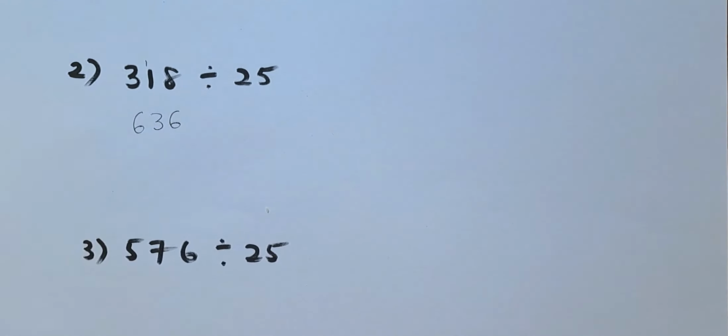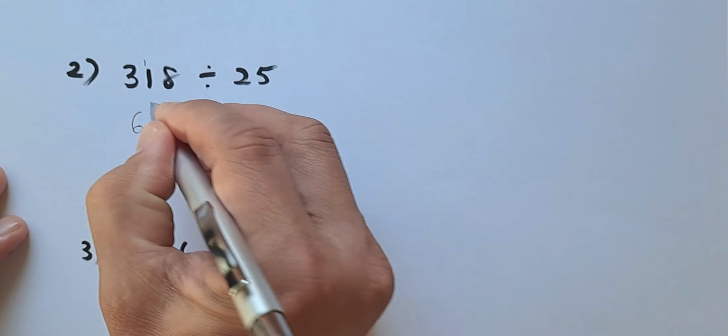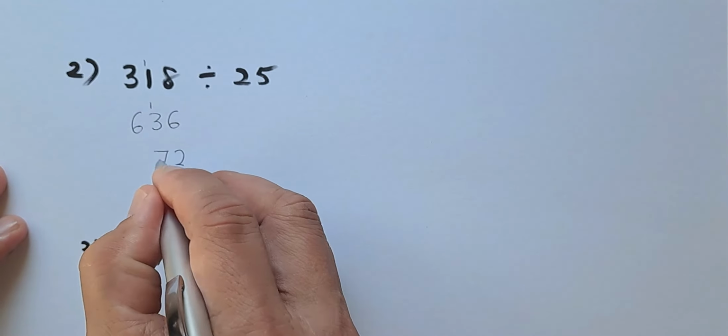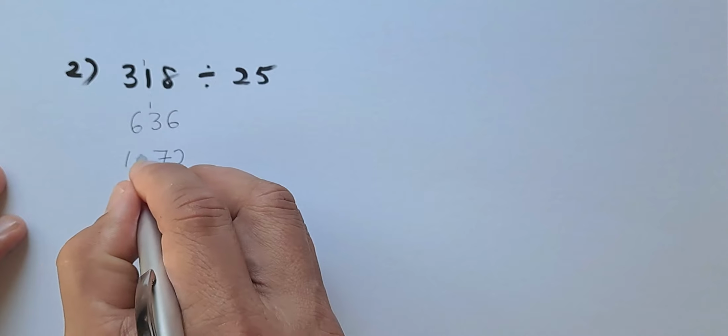That is the first doubling. Okay? And now, of course, we have to double the second time. 6 when you double becomes 12, 2 carry up 1, 3 double becomes 6 plus 1 going to be 7, and then 6 double going to be 12.